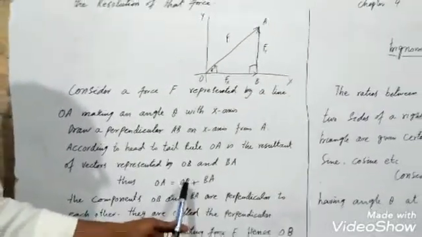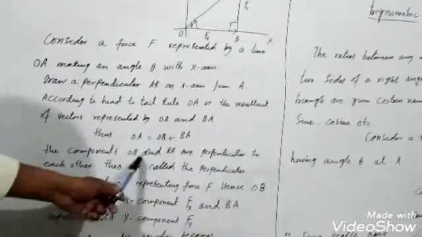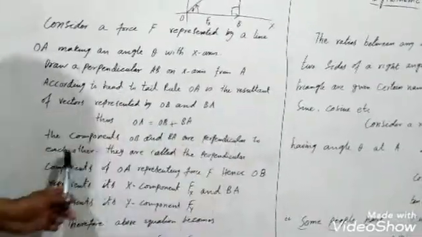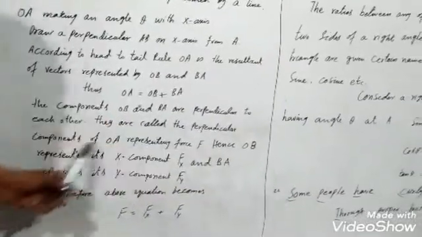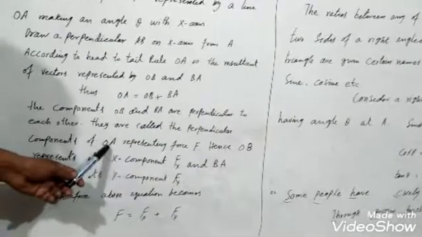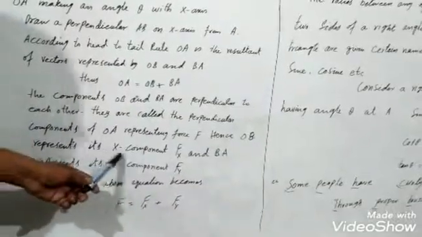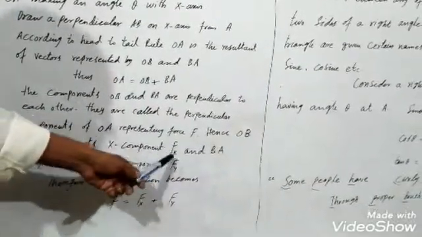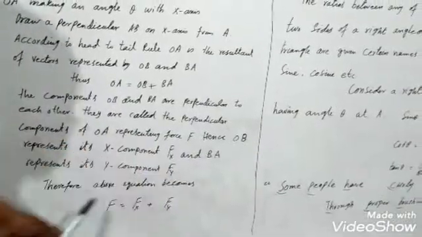This equation is according to the head to tail rule. The components OB and BA are perpendicular to each other. Therefore, they are called the perpendicular components of OA representing force F. Hence, OB represents its x component, which is Fx, and BA represents its y component, Fy.